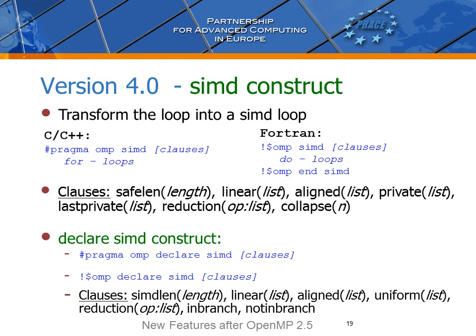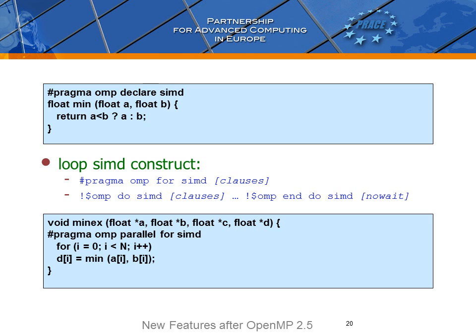The inbranch clause specifies that the function will always be called from inside a conditional statement of a SIMD loop. Notinbranch specifies that the function will never be called from inside a conditional statement of a SIMD loop. Others are similar to the SIMD construct clauses. In the example above, we tell the compiler to generate a SIMD version of the min function.